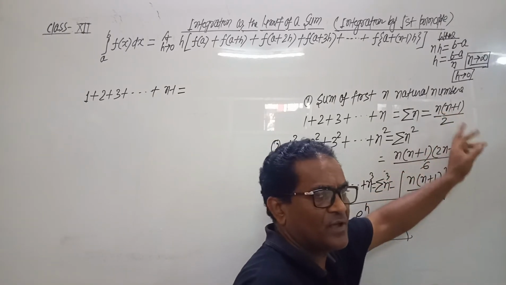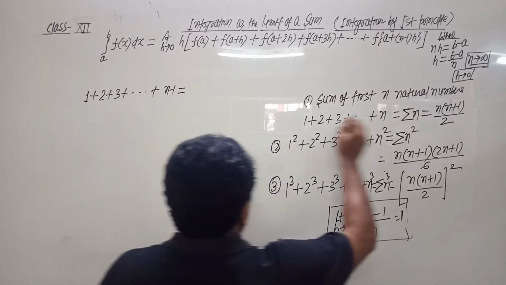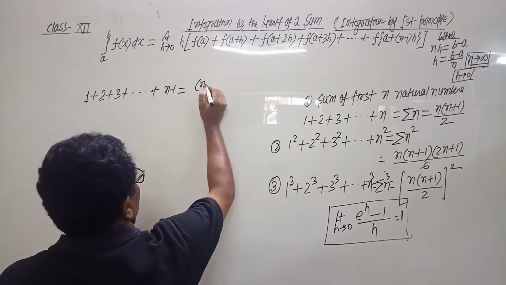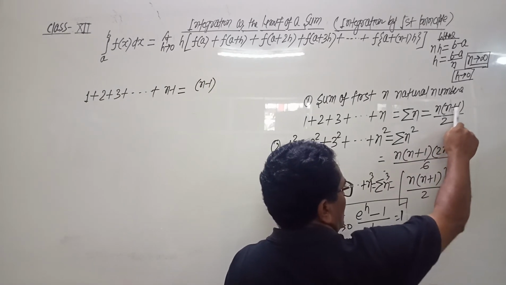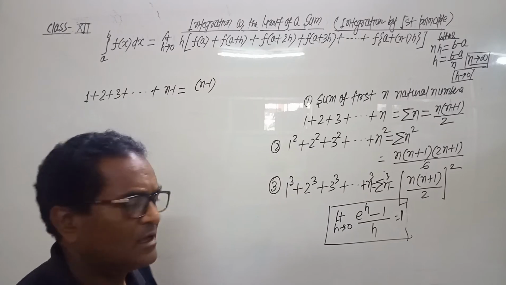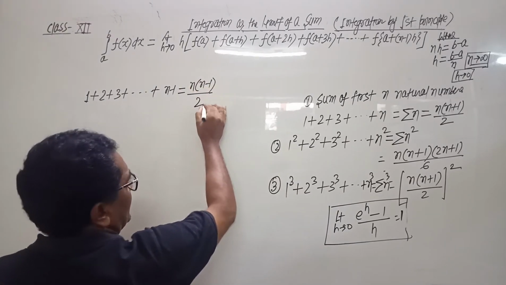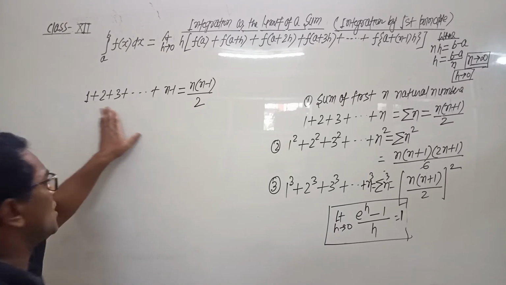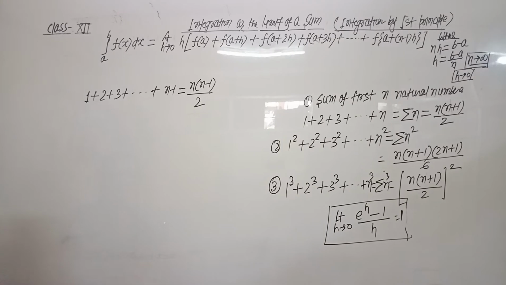At the place of n we put n minus 1, and n minus 1 plus 1 gives n. So n into (n minus 1) by 2. This is called the sum of the first n minus 1 terms.